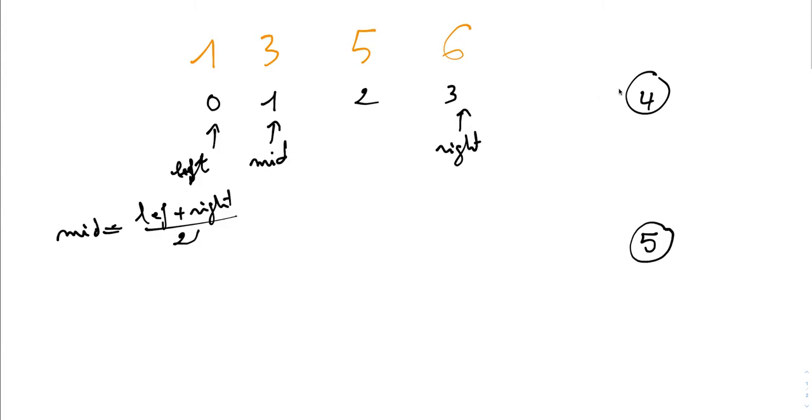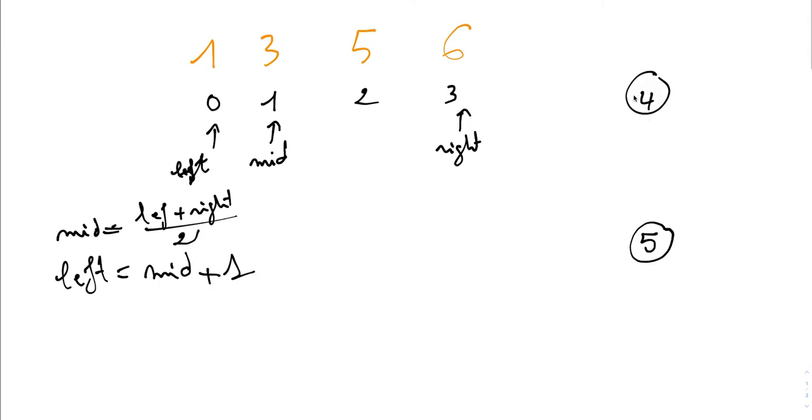Then we need to compare the value at the mid index with the target. Which is greater, the target or the mid value? In our case, 4 is actually greater than 3. So here, left is going to be equal to mid plus 1.